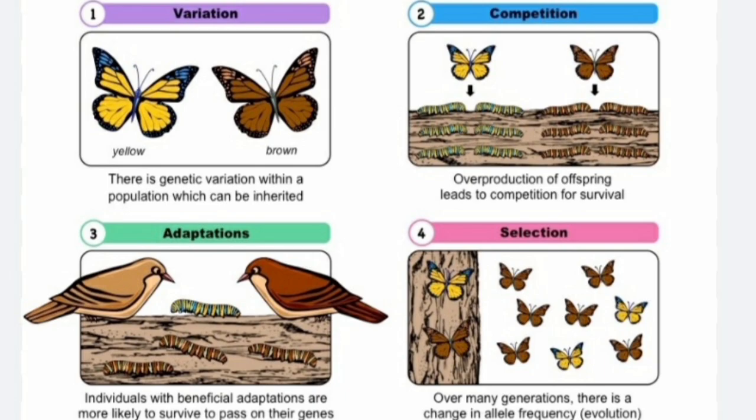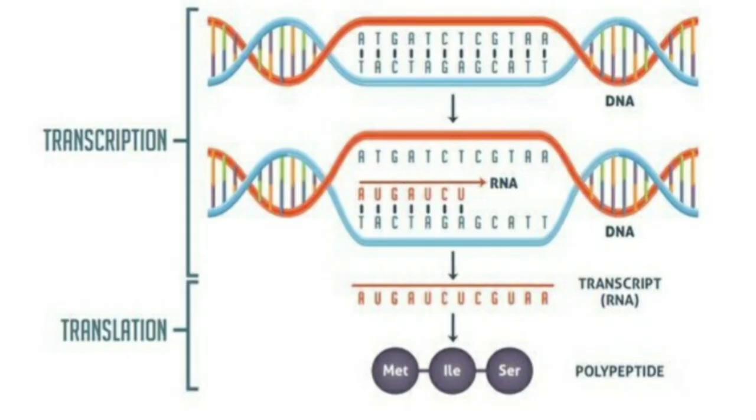So, some examples of gene expression are transcription and translation, of which transcription is the first step. It's a process where the DNA sequence of a gene is transcribed into mRNA, or messenger ribonucleic acid.